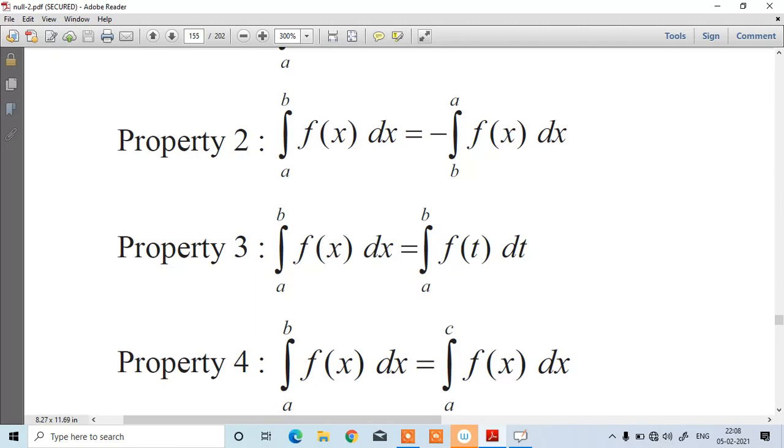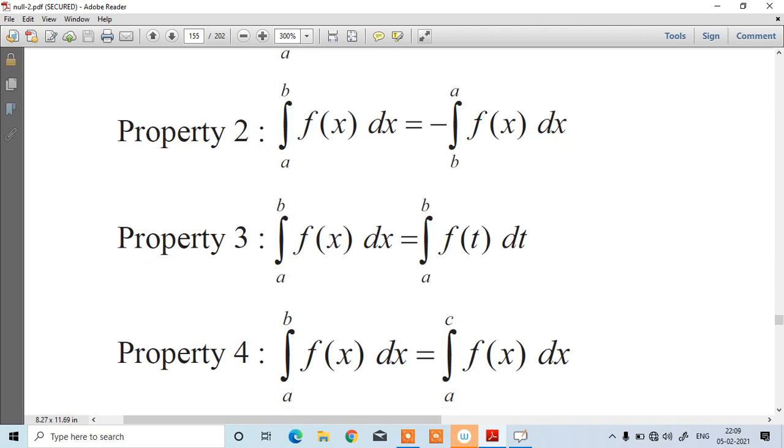So property number 3 says that if the variable is changed, then the definite integration will remain the same. Okay, so integration from a to b of f of x dx is equal to integration from a to b of f of t dt. There will not be any change in the value of the answer of the integration. Okay, so this is property number 3.